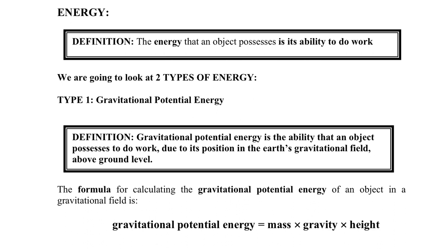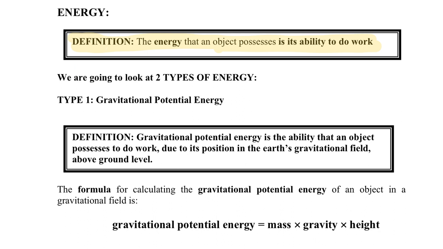So let's start off with the definition of energy. So energy is the ability to do work. So the energy that an object possesses is its ability to do work. Now, when we looked at the scientific definition of work, we defined it as the transfer of energy.